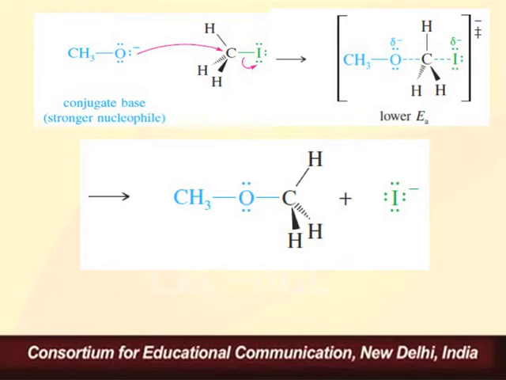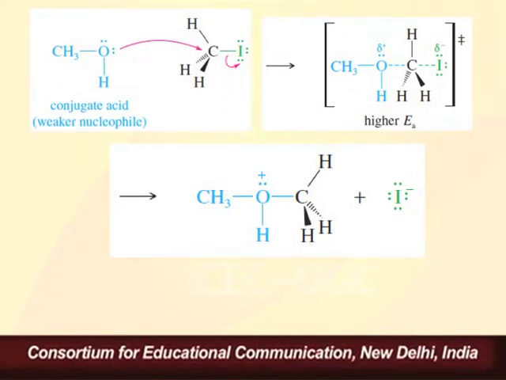Whereas, when we talk of a reaction of methanol with methyl iodide, here we find that in the transition state, it is only the iodide, which is the leaving group, that has a negative charge on it, whereas oxygen has a positive charge on it.